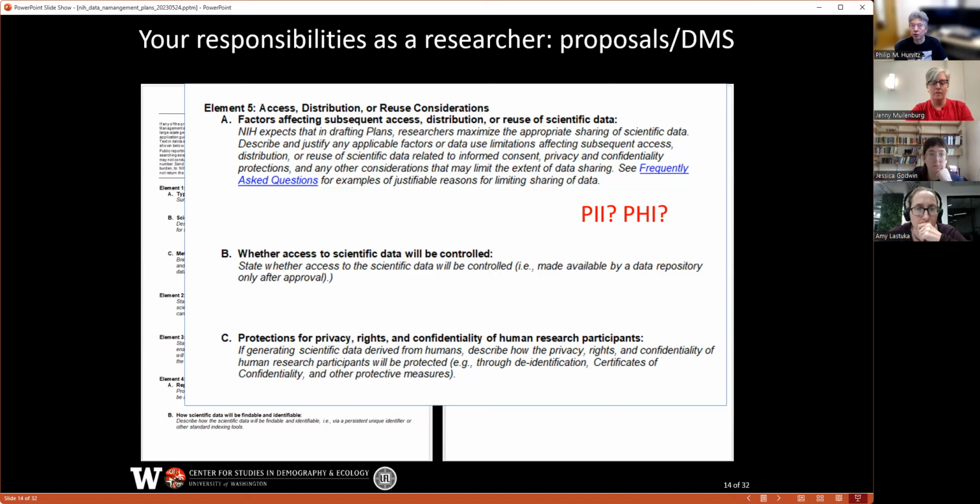Like, do you need people to sign data use agreements before using the data? And I think you can have shareable data, and you can require users to sign data use agreements if it's warranted. And then if you do have identifiable information, then you need to explain how you're going to protect that identifiable information.